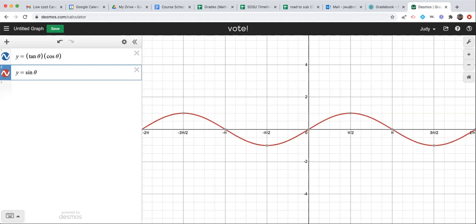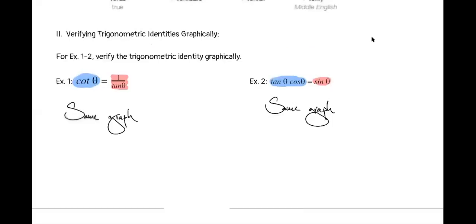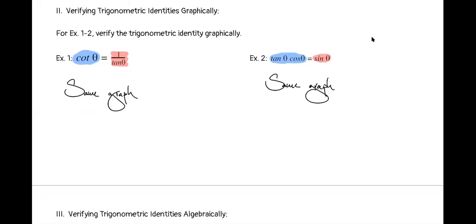Let me stop sharing this for a moment, and we're going to go back to the notes. So again, we're not going to draw the graphs out in our notes.